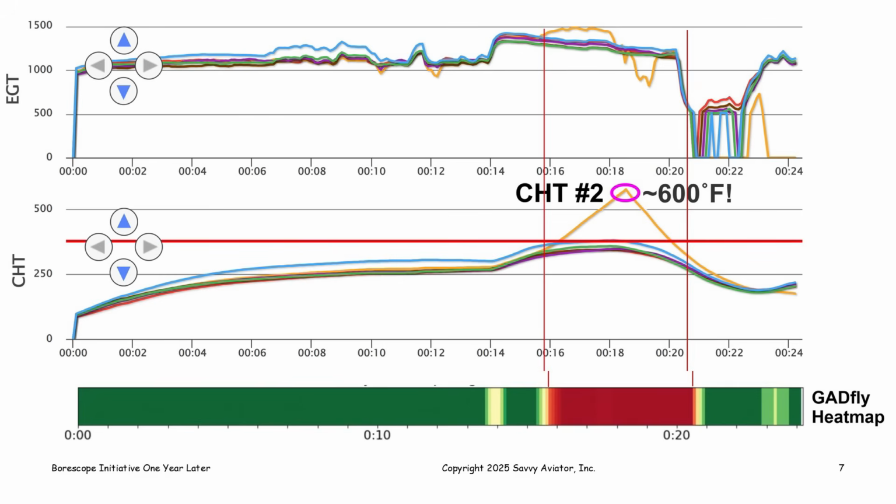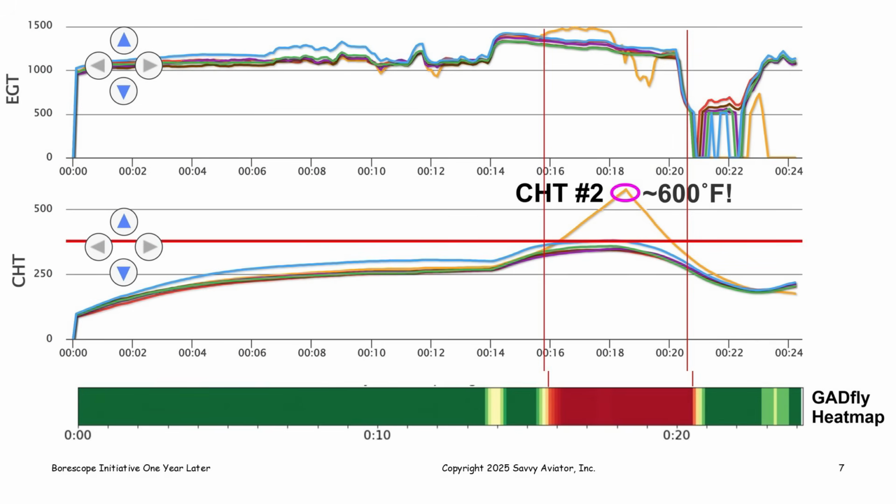And the heat map represents essentially the anomaly scores that the GADfly model is producing on an observation by observation basis. So if the observation looks normal, then the heat map is green. And if it's looking abnormal, then the heat map starts moving towards light green and yellow and orange and eventually red for something that's very anomalous.